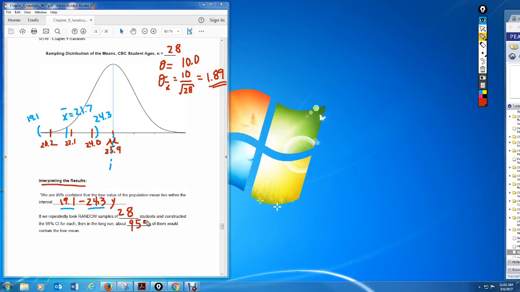So if we truly did it in a simple random style, then that should be the case. All right, I'm going to erase this stuff and go on to the next page.